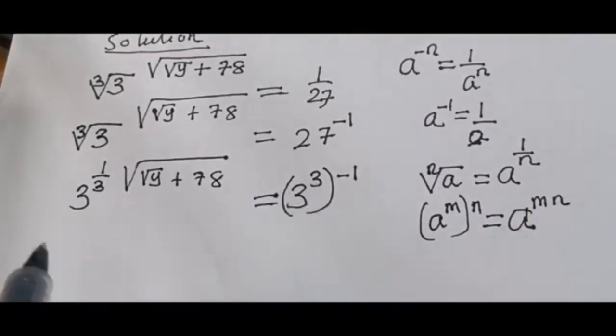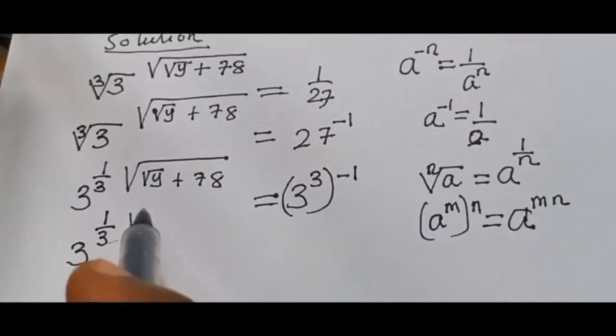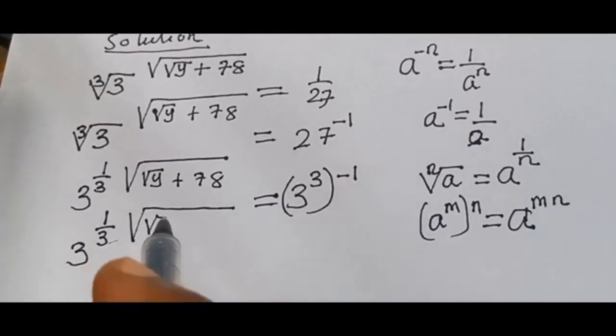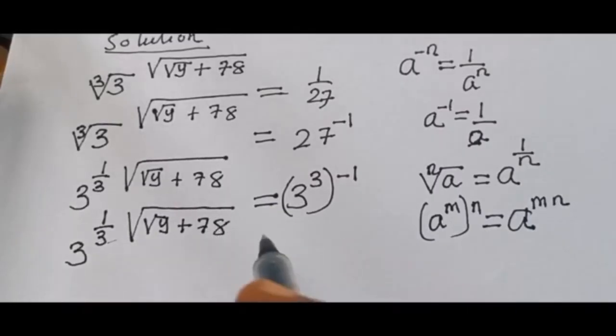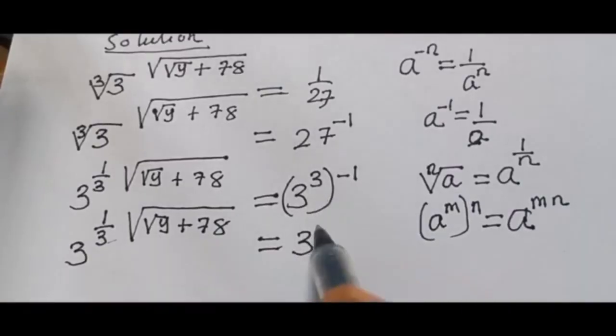So here we have 3 raised to 1 over 3 under root. Inside the under root we have radical y plus 78. This is equals to 3 times negative 1, we have negative 3.